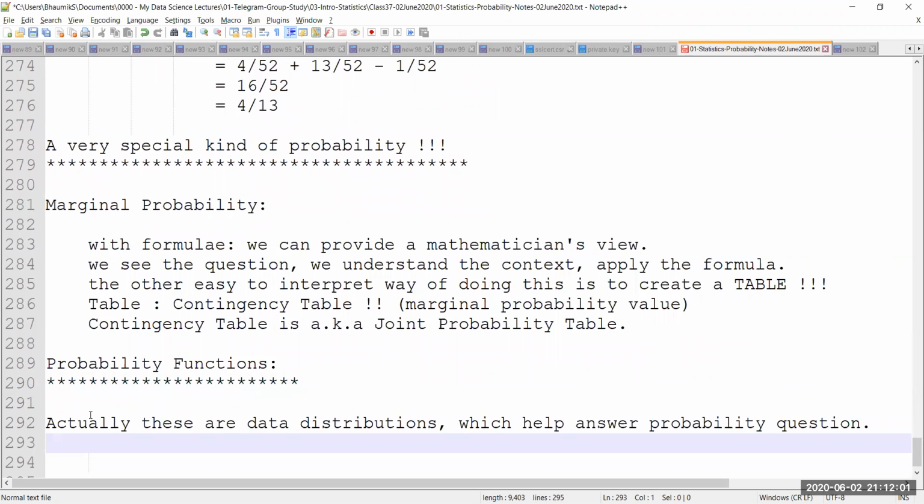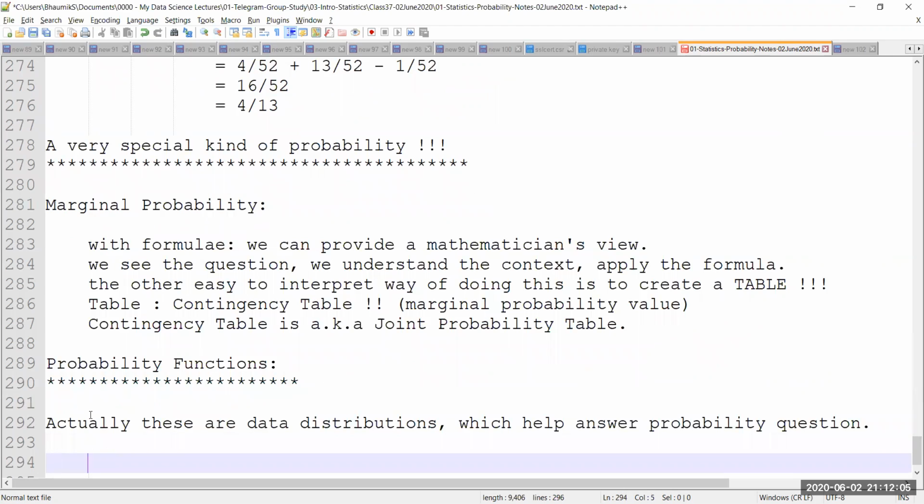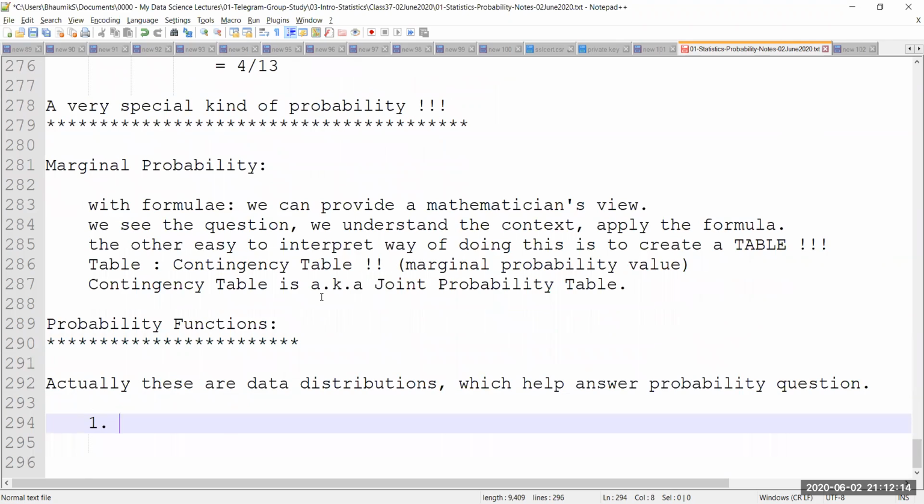These are distributions of the data which help us answer probability questions. These are not really probabilistic models, or the functions or graphs that we will use to solve the actual probability problem. But let's see what these are.